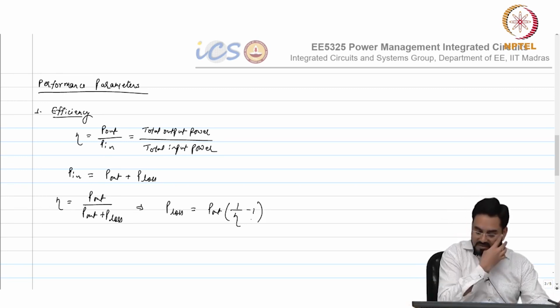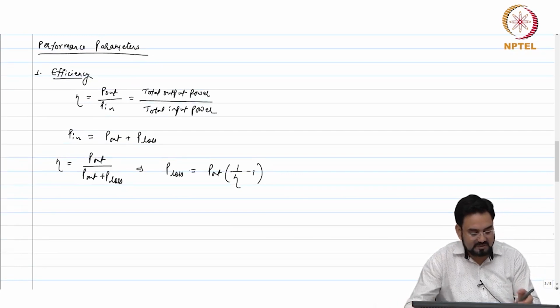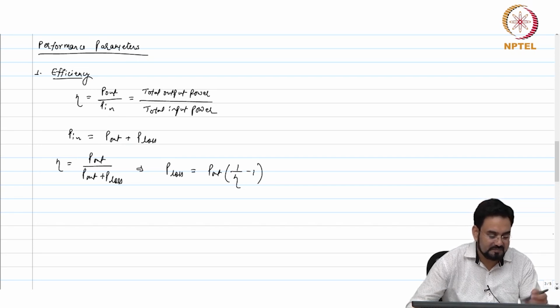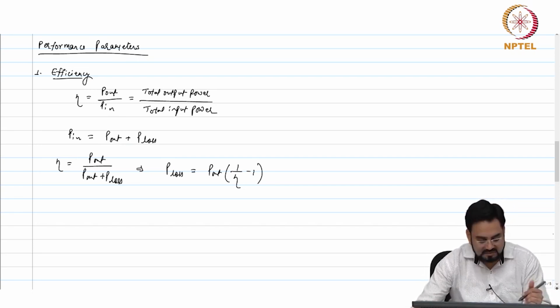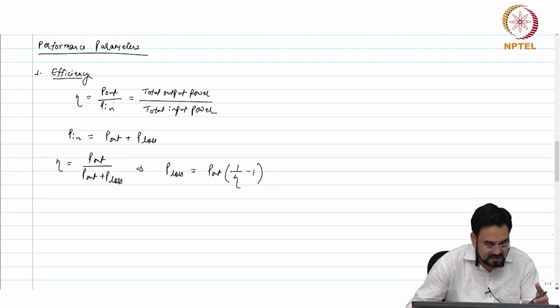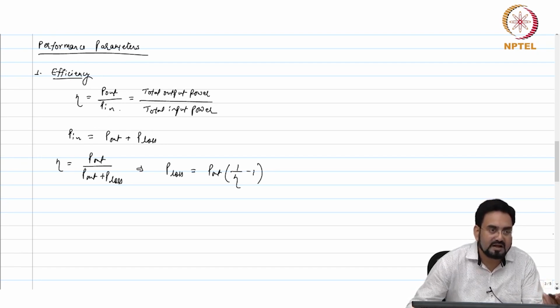Correct. And once I know the P loss, I can directly calculate P in simply by adding P loss to P out. So, you do not need to know both in order to calculate the efficiency. You can either measure P in or P out and calculate the efficiency.